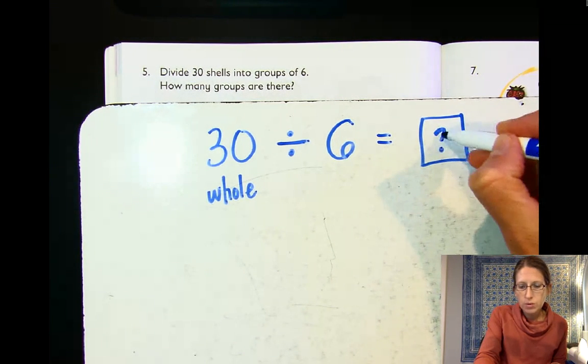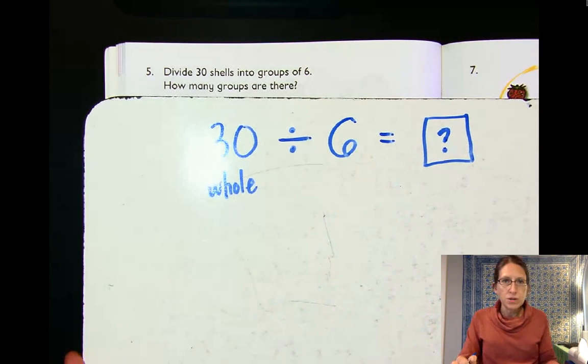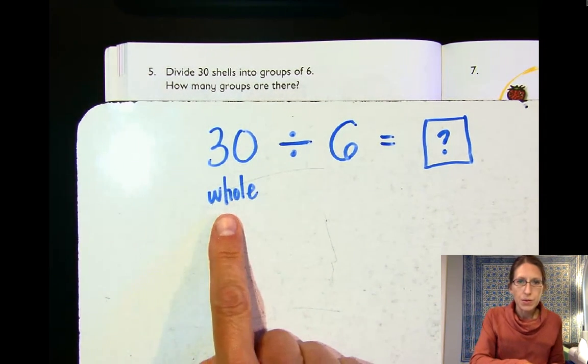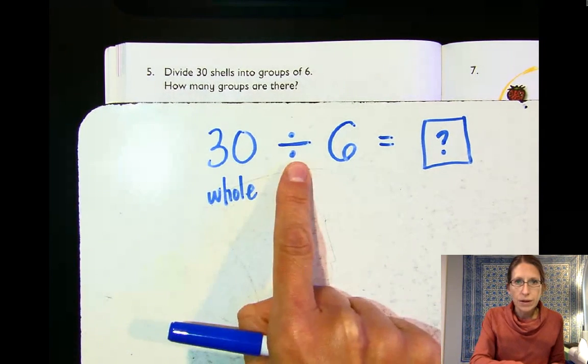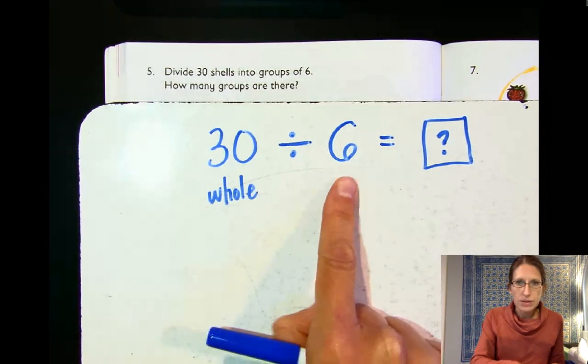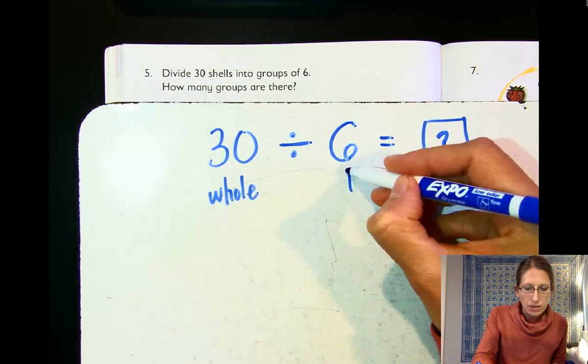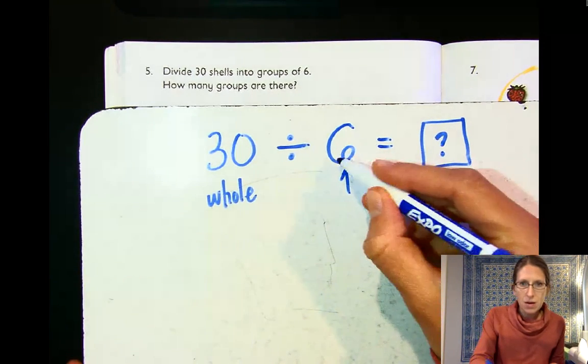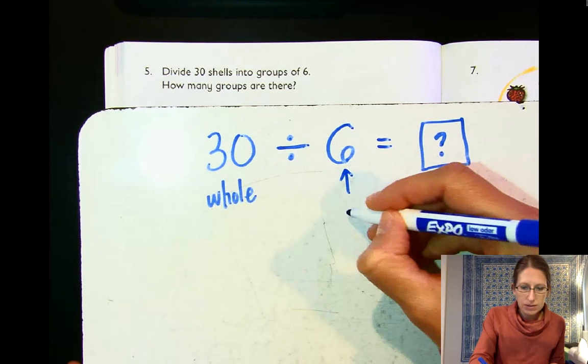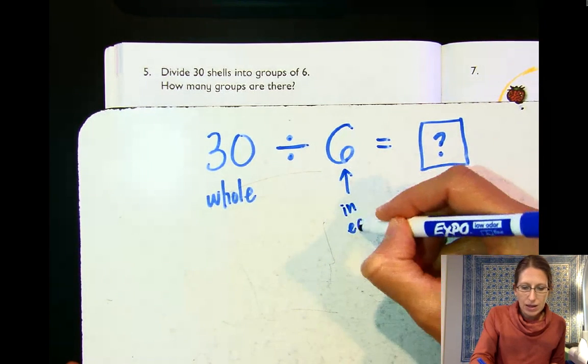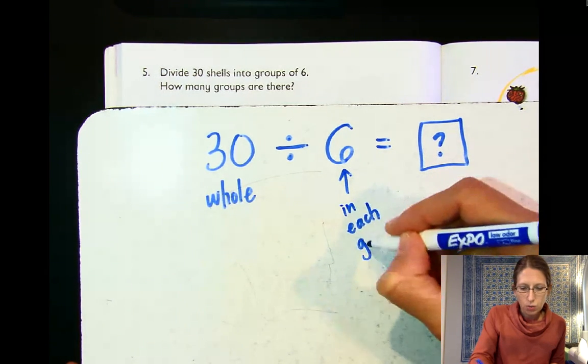This is what we're trying to find. But in this division equation, here's our 30, that's our whole number. We're going to divide them into groups of 6. And what that means is that they want us to put 6 in each group.